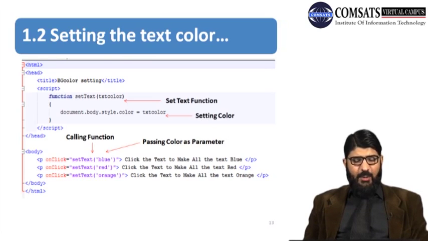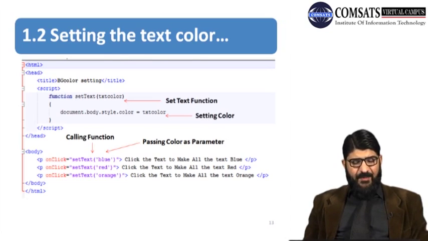The script tag is closed, the head tag is closed, the body tag is started, and then the first paragraph is started where setText is mentioned as blue. Now click the text to make the text blue, and then the text is given for the set color equal to red, and for the next paragraph the set text color is mentioned as orange.